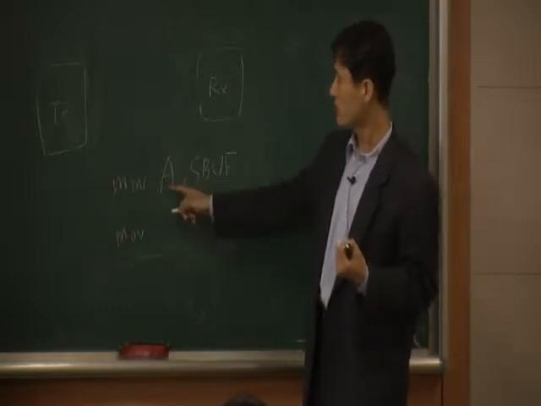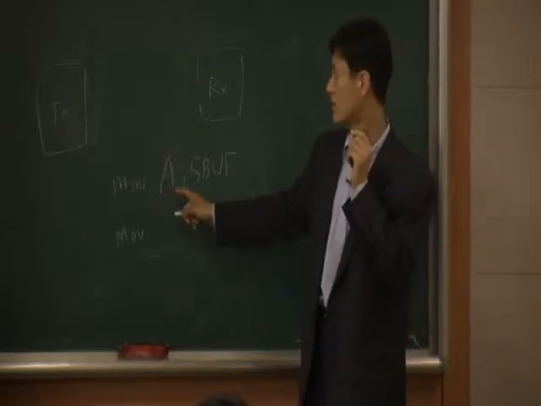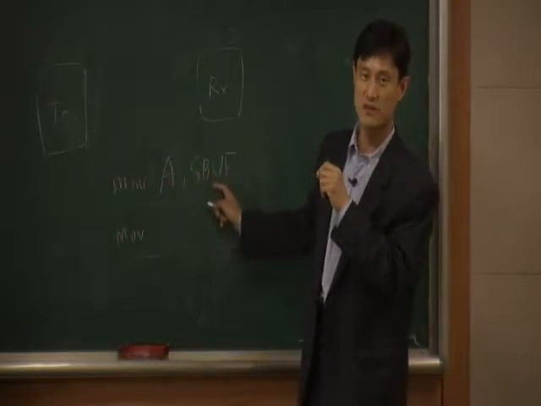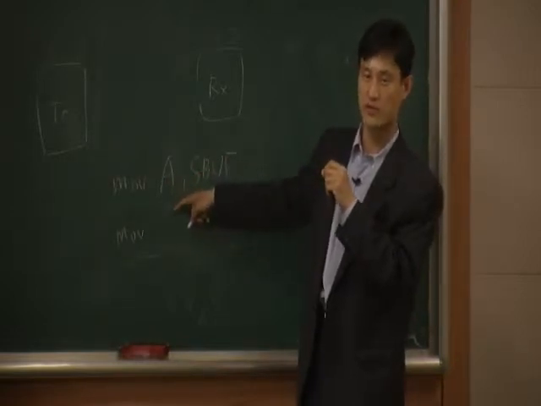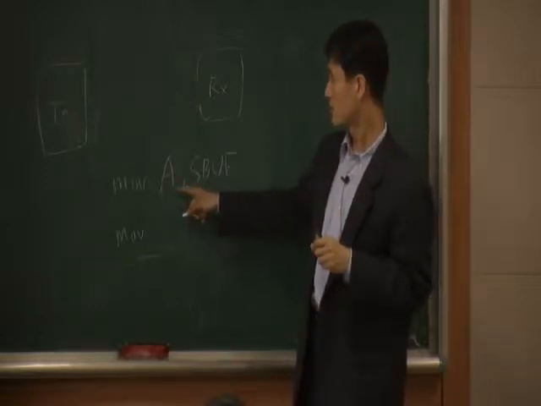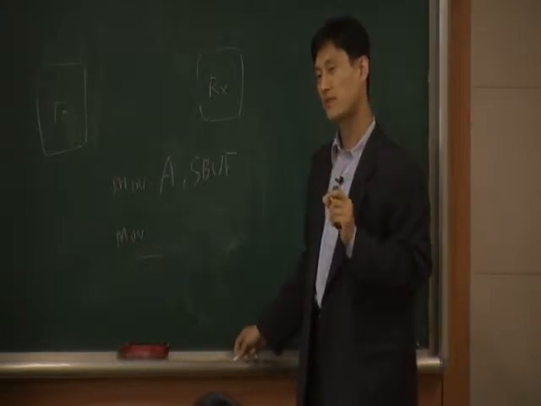Once you do this, then you can do whatever you want with the value in A. The value in the accumulator is the letter you received.